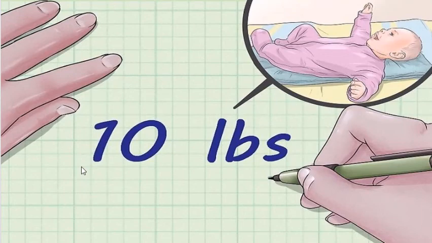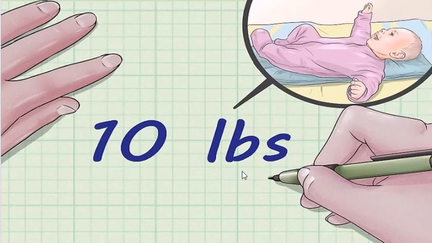Okay, how to write the number of pounds? If you are converting the weight of a real life object, you can use a scale to weigh it. If you already know the weight in pounds, just write the number and label it lbs like this. So let's follow along with an example.